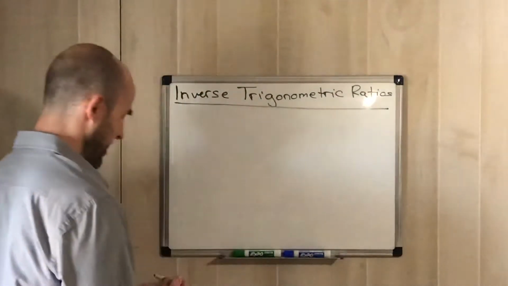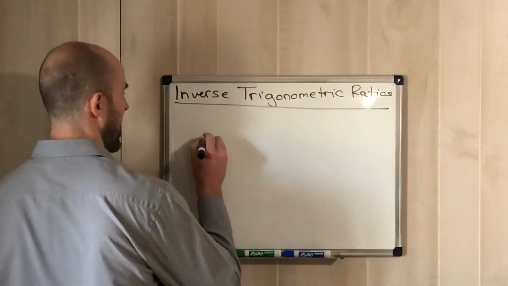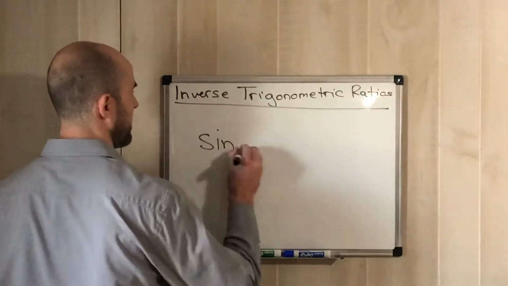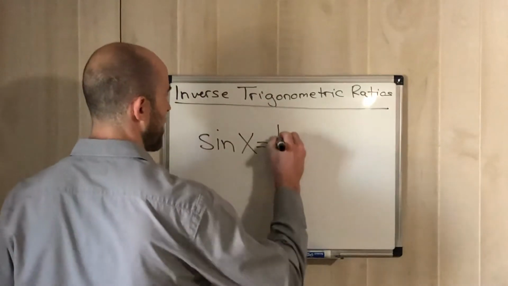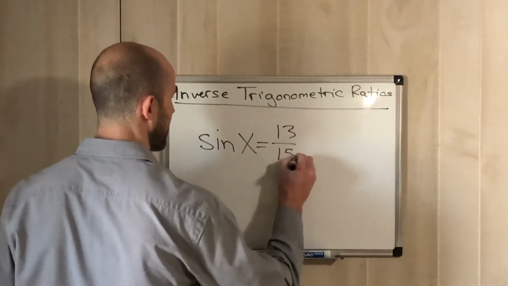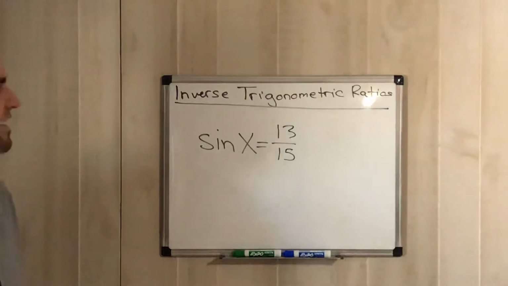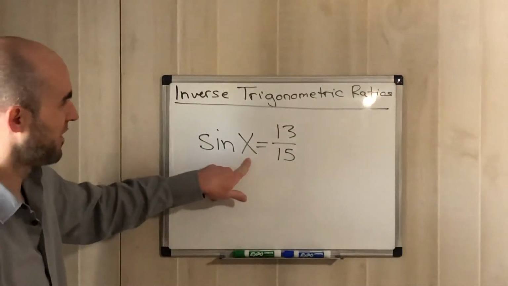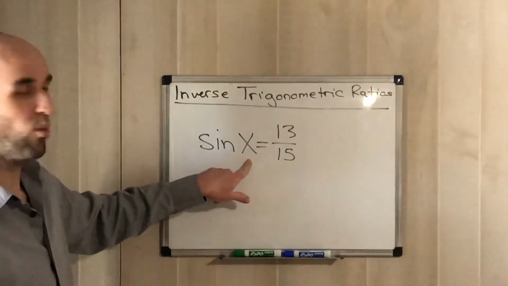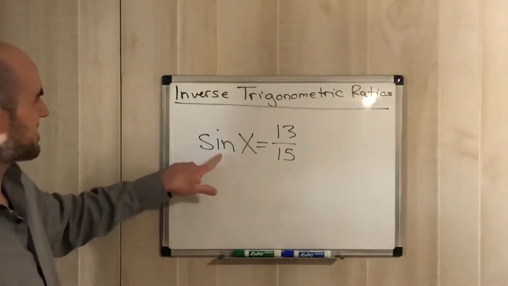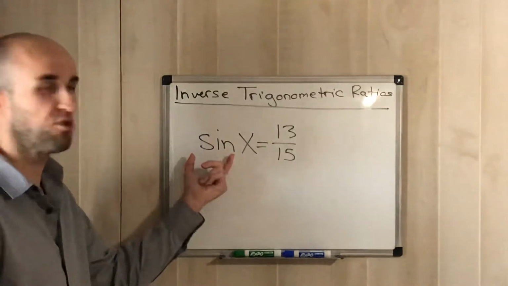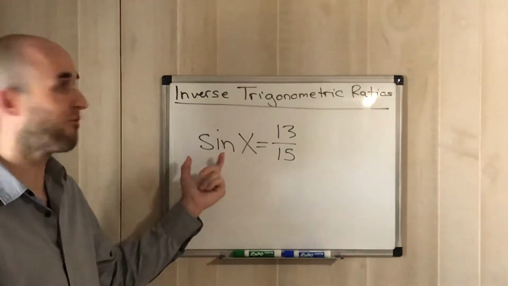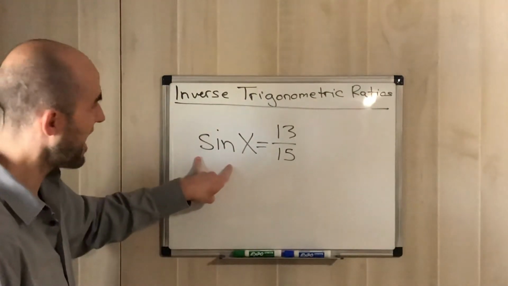And what I mean by that, let me show you an example. Let's say we had this, right? Sine of x equals 13 over 15. Let's say we had that equation and we wanted to solve for x, right? We want to get x by itself. So right now, there's one issue. Next to x is sine, right? We have the trigonometric ratio sine, but in order to solve for x, we need to get rid of sine.